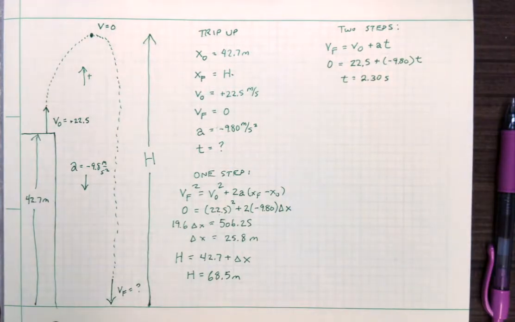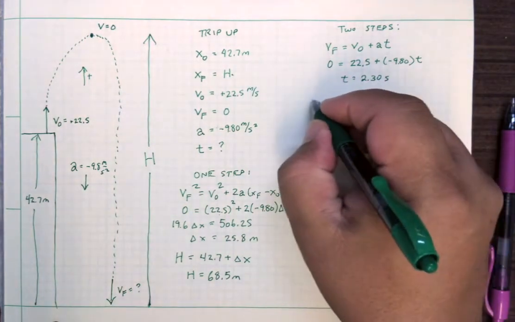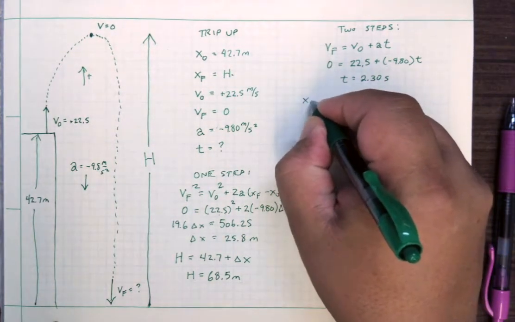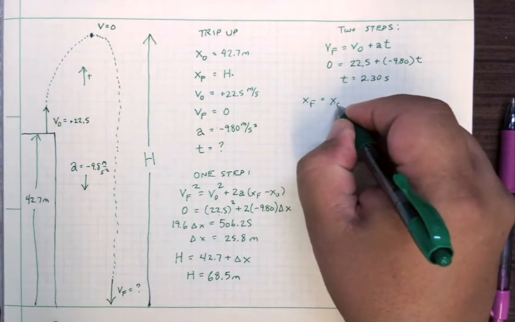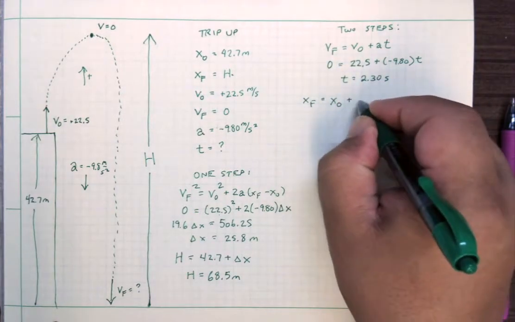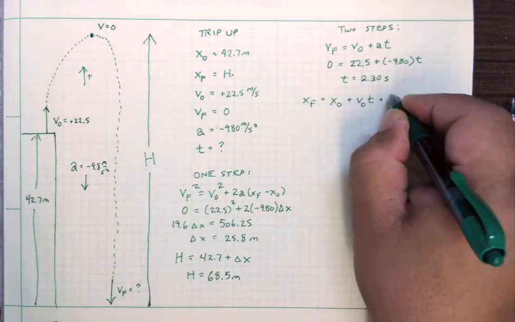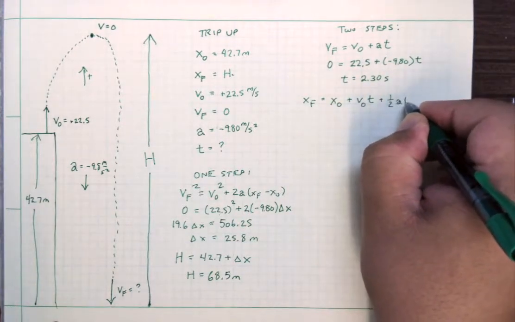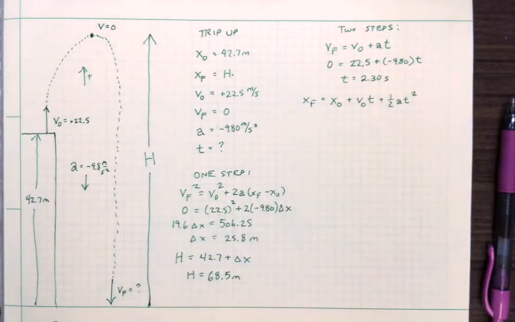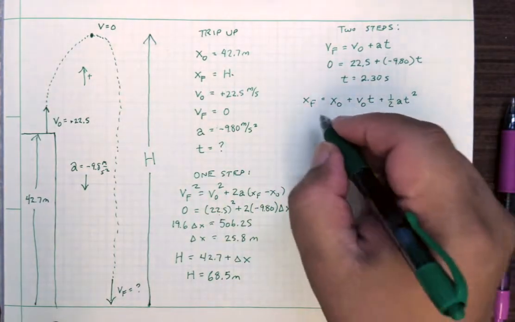Now, with that time in place, we can use our kinematics equation of position to find the final position. X final equals x initial plus the initial velocity multiplied by the time plus 1/2 times the acceleration multiplied by the time squared.